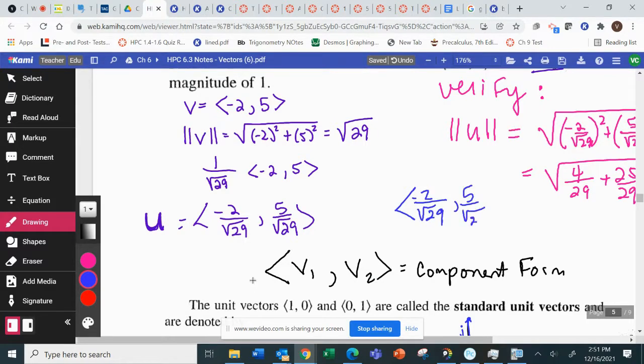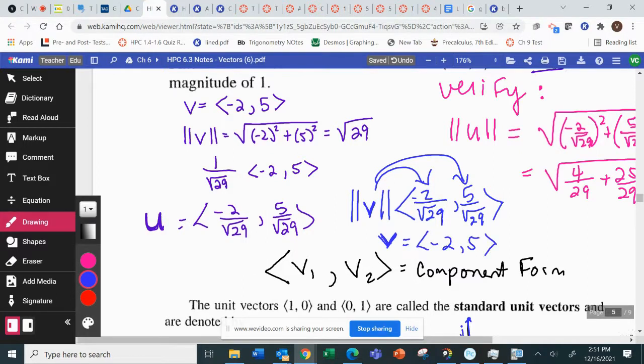And then if I take that unit vector and multiply it by the magnitude of v, what do I get? I get negative 2, 5, which is what in this example?